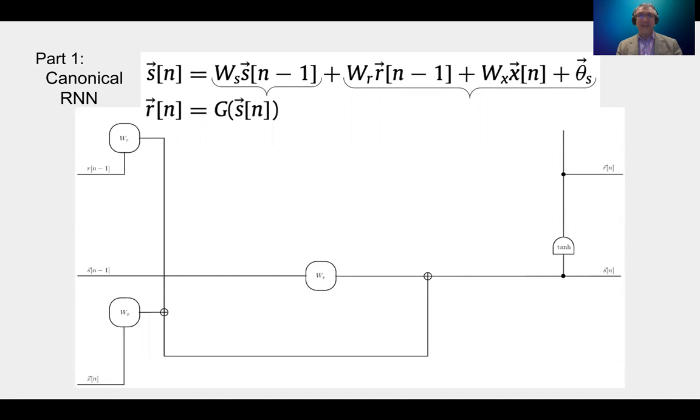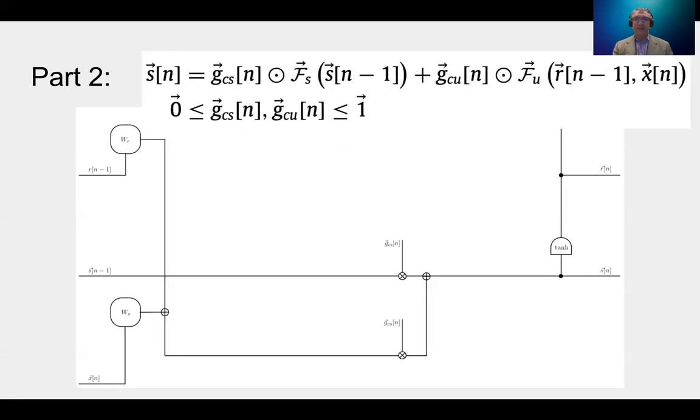Looking at the canonical RNN system, we identify the different contributions to the state signal at the current step. The terms that directly depend on the state signal at the previous step, and the remaining terms which do not directly depend on the state signal.